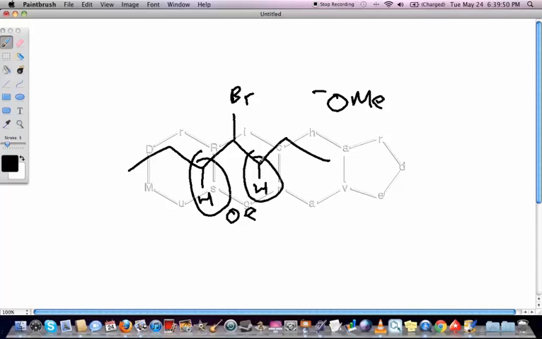Now notice it's the H connected to the C that's next to the C with the Br, and that's the way it always is in elimination. So what's happening is it's going in, taking that H, and then that's forming the double bond, and then the Br is leaving.